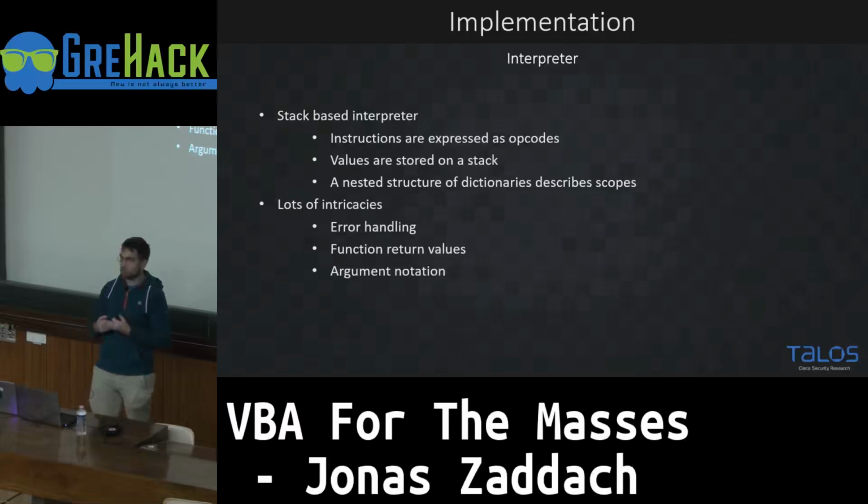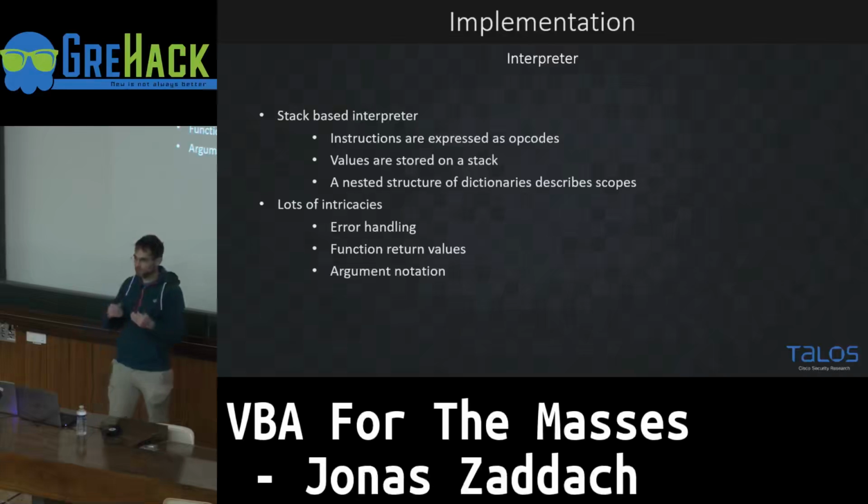And function return values are a bit tricky in VBA. The way VBA denotes a return value from a function is that you just assign something to the function name itself. So it's like there is a secret variable that is initialized in the beginning to empty, and then you assign to it, and when you return, VBA will read this secret variable and return this value.